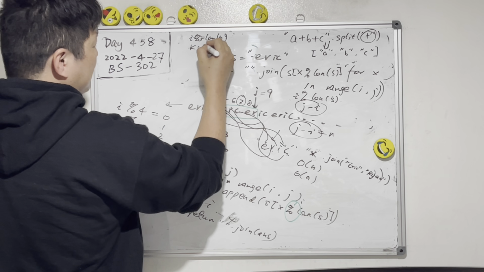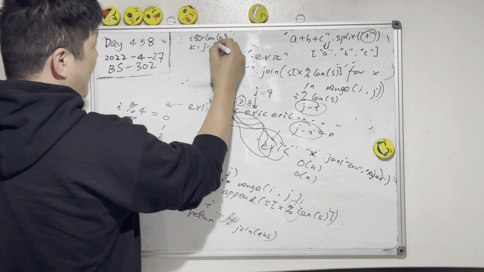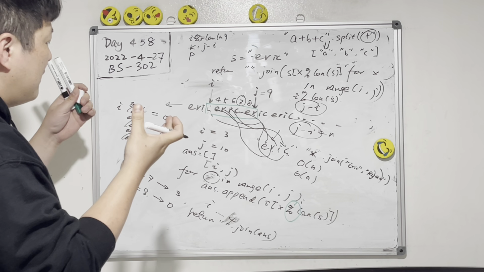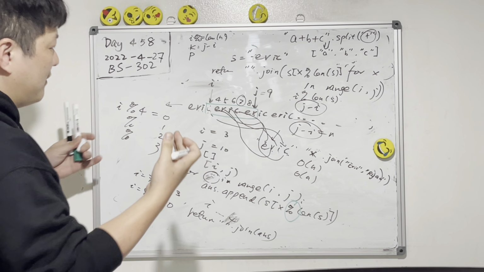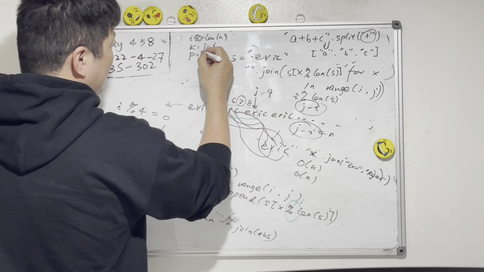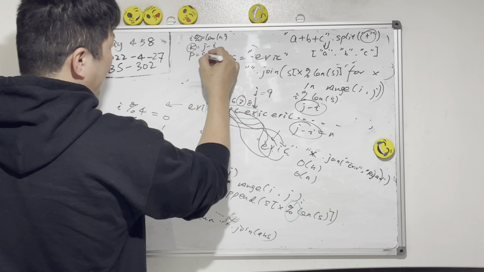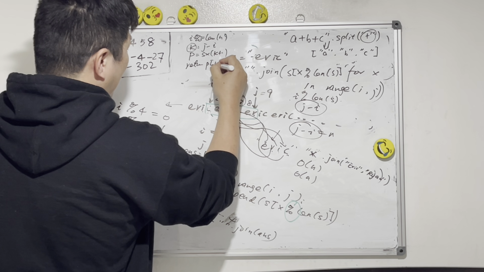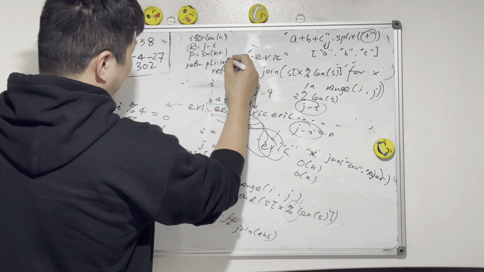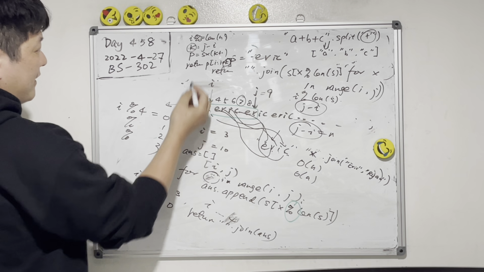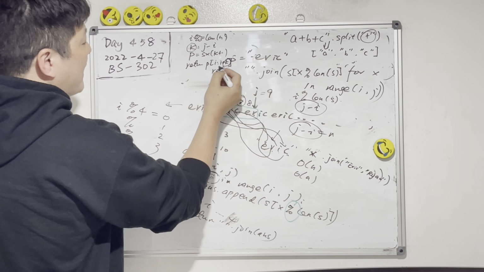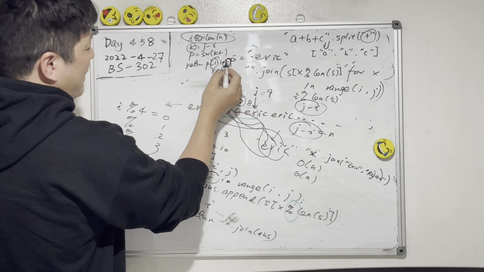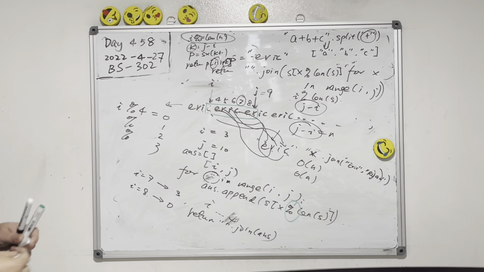Then K is the number of characters we need to return, J minus I. Then we construct a string that's not infinite: P equals S times K plus 1 times. Then we return P from I to I plus K, because there are K characters we need to return from index I, which has had the modulus applied. Okay, that's one way of doing it.